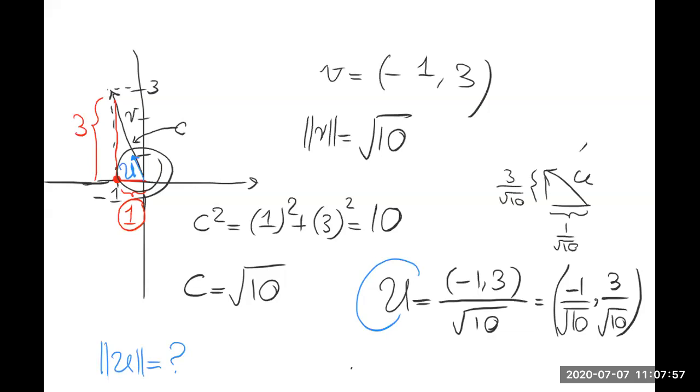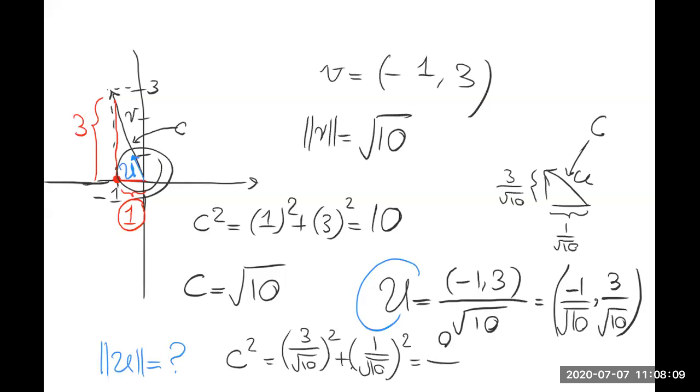If I call the other side c, Pythagorean theorem says c squared is 3 over square root of 10 squared plus 1 over square root of 10 squared. The first one is 3 squared, which is 9, over square root of 10 squared, which is 10. And the second one is 1 over 10. 9 plus 1 is 10. 10 over 10 is 1. So c squared is 1. It means c is 1, which means the length of u is 1.